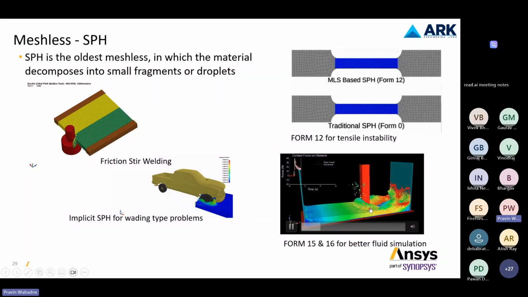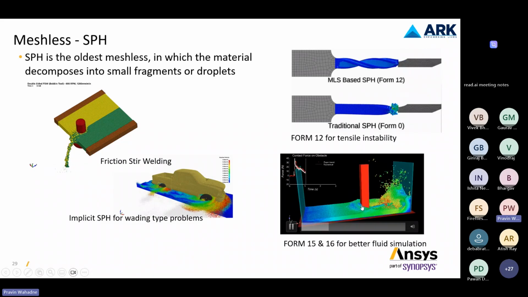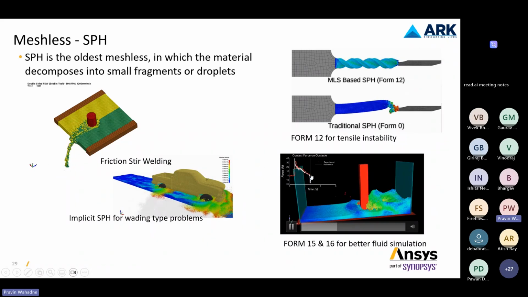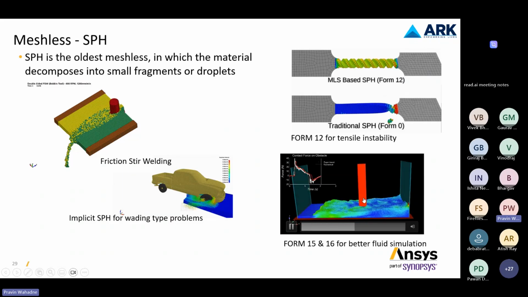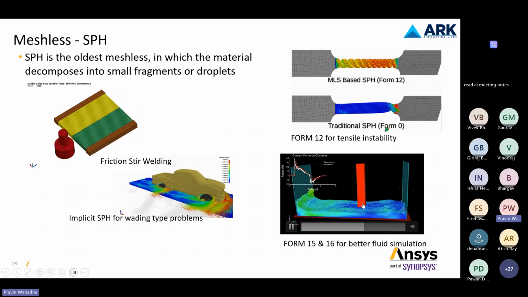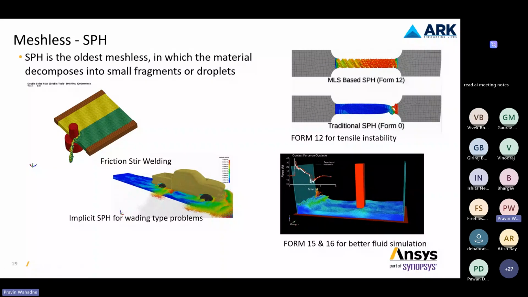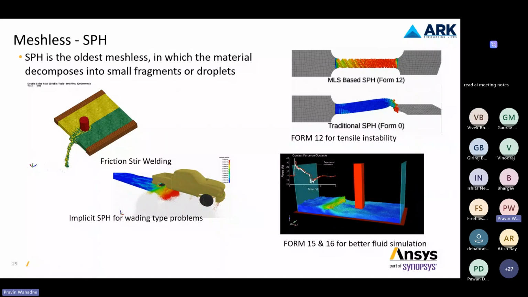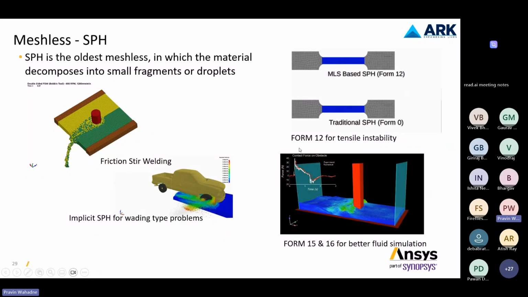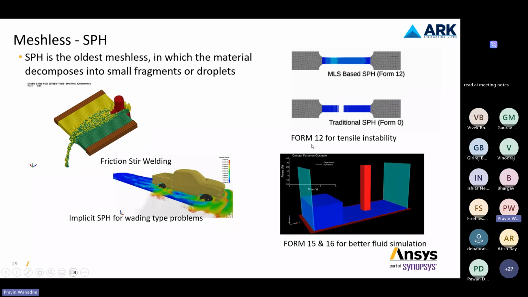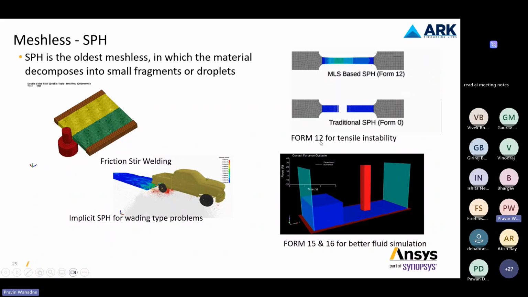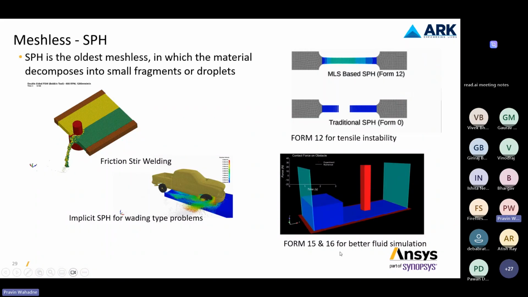Here you can see an obstacle, and the contact force is continuously measured by the SPH on the transducers placed on the columns. When performing these simulations we generally follow certain element formulations, so form 12, form 15 and 16, which we generally use for this kind of application.